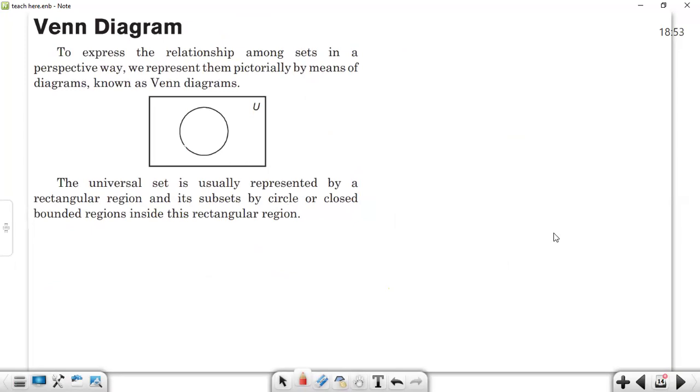Now let's discuss the Venn diagram. A Venn diagram is a representation in which we can represent sets as subsets of the universal set.